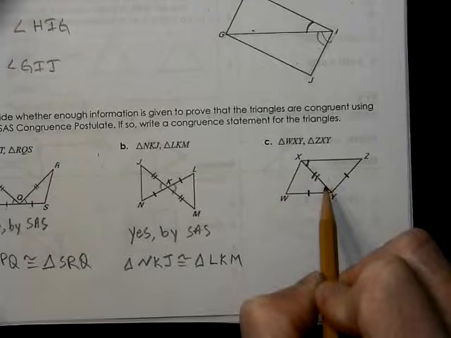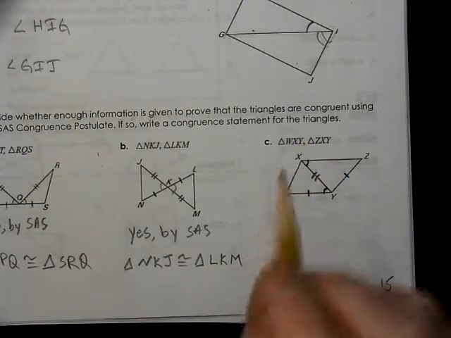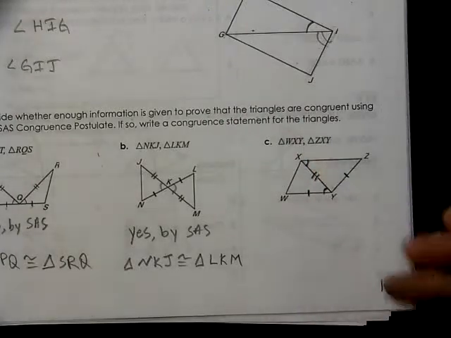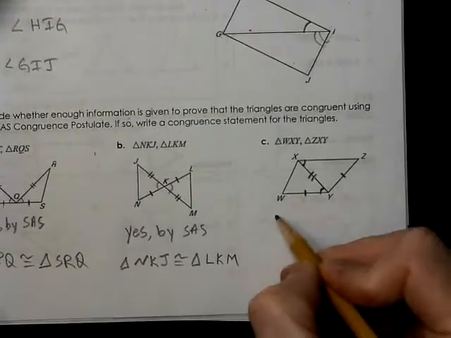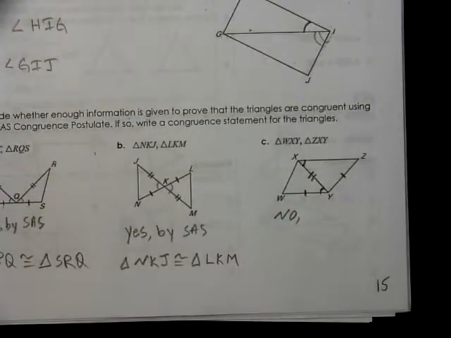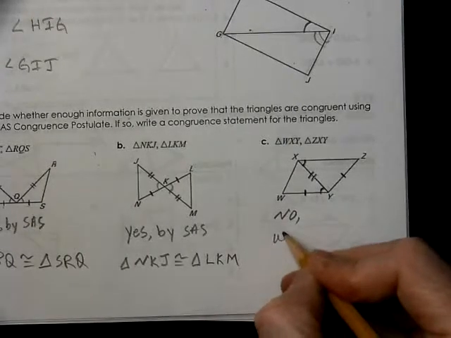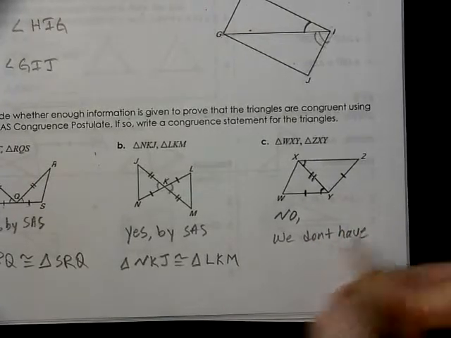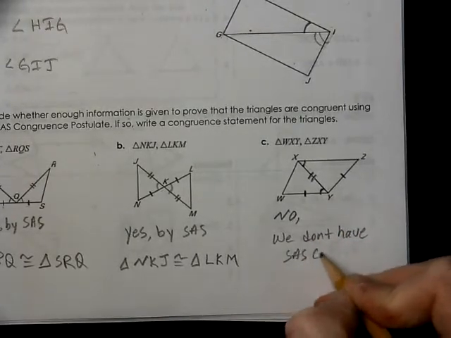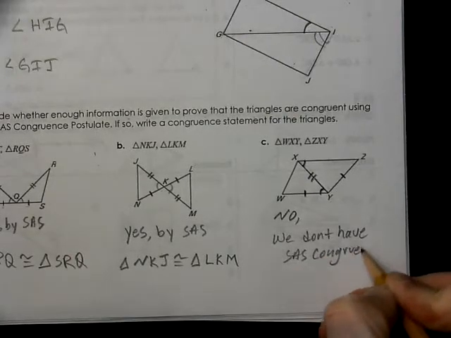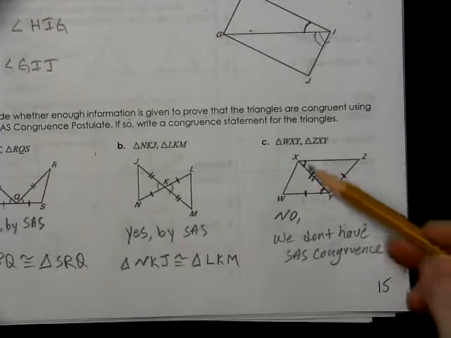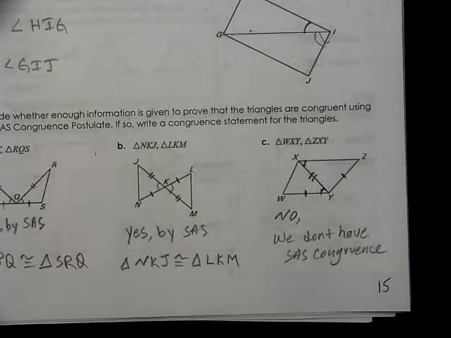They're not in the same fashion. In fact, they have to be SAS. It could not be in the other order, SSA. So we would say no. We don't have SAS congruence. We have information about SAS in this triangle, but we don't for the other triangle.